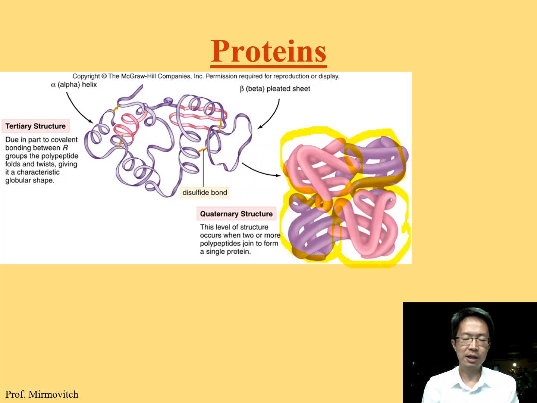It doesn't necessarily need to have exactly 4. You can have 2, 3, 4, or 5 tertiary structures. So remember, quaternary structure does not mean that you must have 4 tertiary structures. It just means that you have more than 1 tertiary structure together.